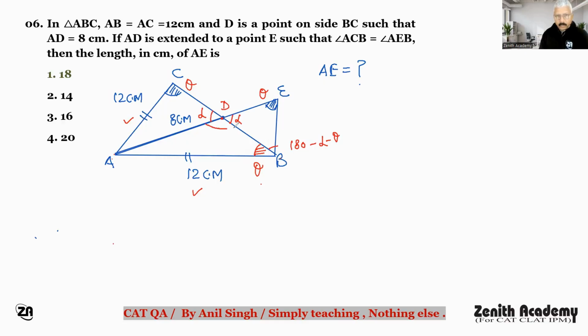So here this angle will be 180 minus alpha. It is a theta. Alpha is like the exterior angle of triangle ABD, so the sum of angle A and angle B must be equal to alpha. So this will be alpha minus theta.